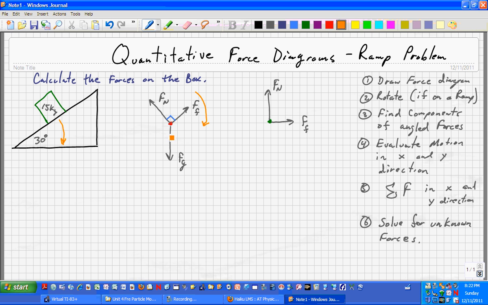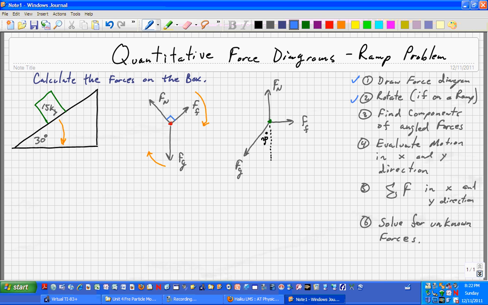And then again, this force is going to rotate 30 degrees. So the force of weight would be off in this direction, and that angle that I would have rotated it from its original position would be 30 degrees. So I've taken care of step 1 and step 2. I'm ready to go ahead and move on to step 3.